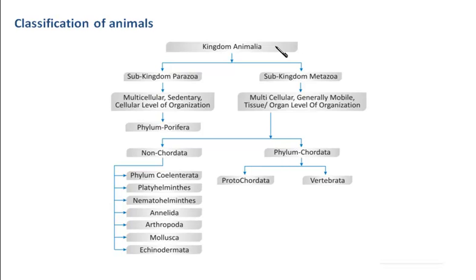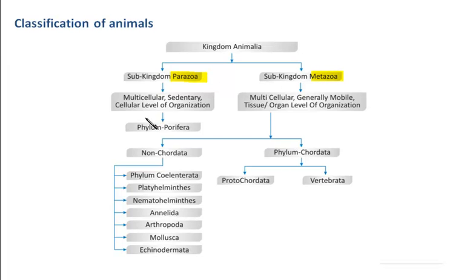Like the body organization, whether the organisms are having cellular level of organization or tissue or so on, right? So depending on these basic features that we have studied in the earlier session, these organisms are classified into 2 subkingdoms, and that 2 subkingdoms are number 1 Parazoa and the second one is the Metazoa.